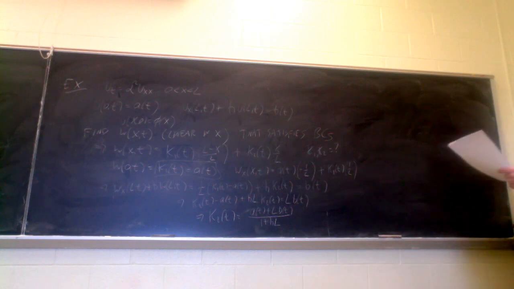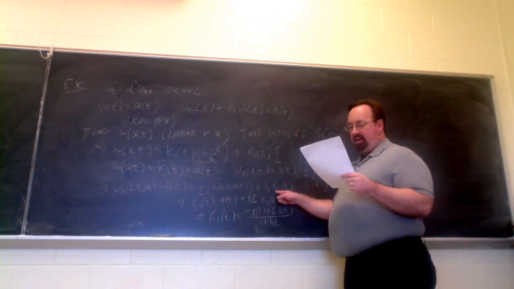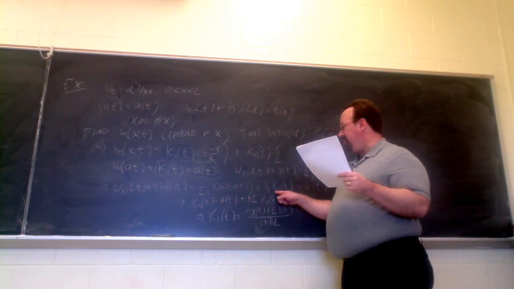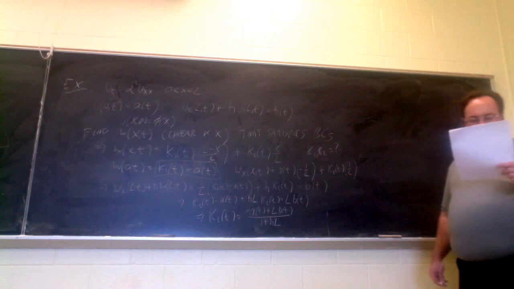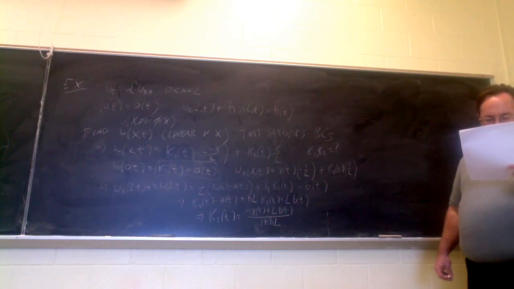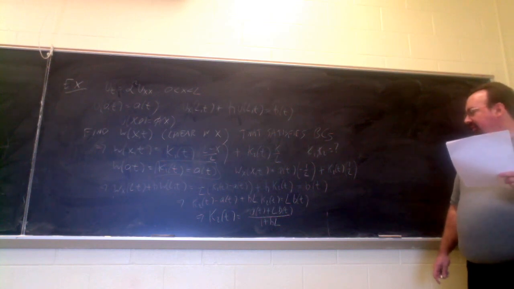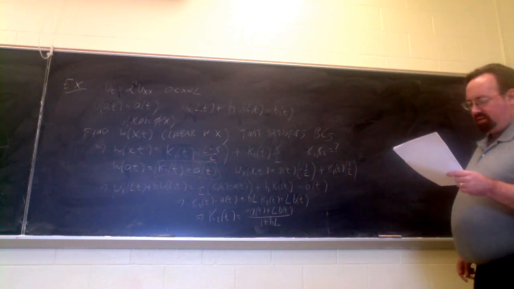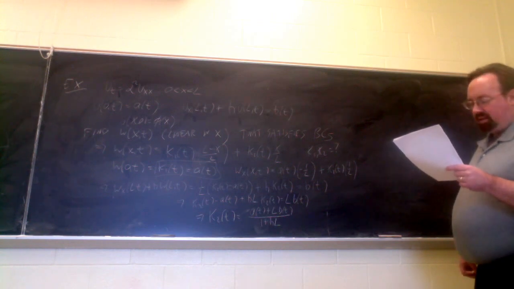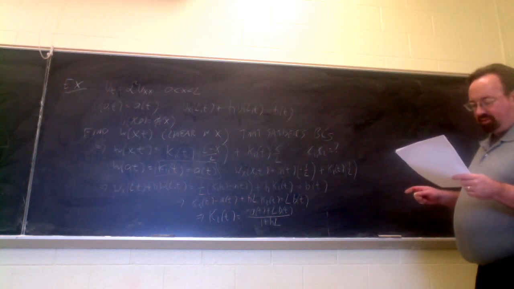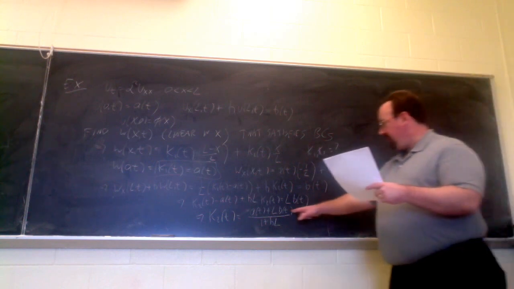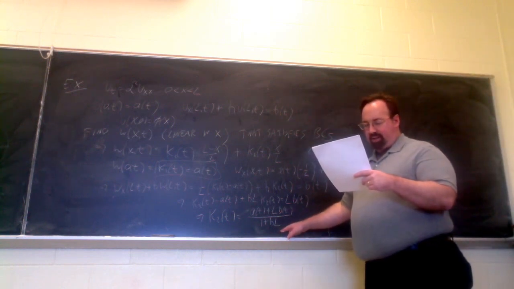I had something different written here in my notes, except terms cancel out, so it's still equal to this. So that's just my K2, and then I have LB over 1 plus HL, so that definitely matches up.